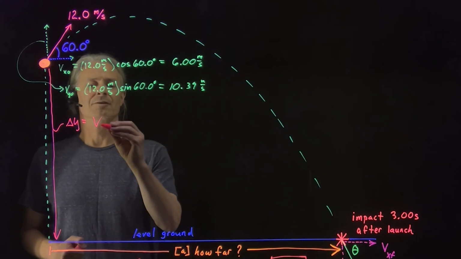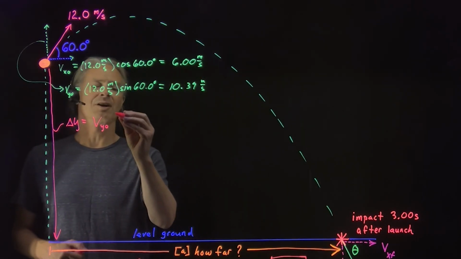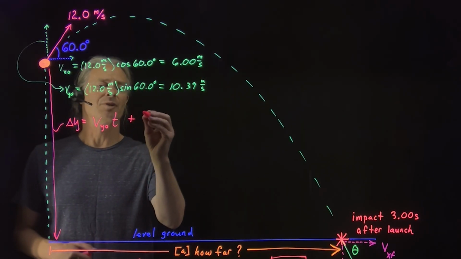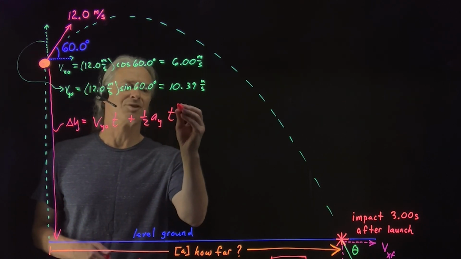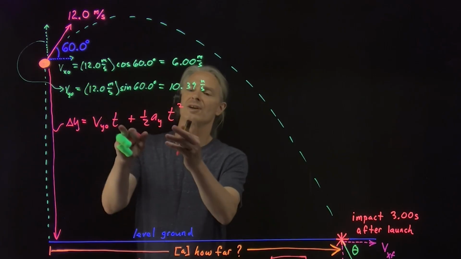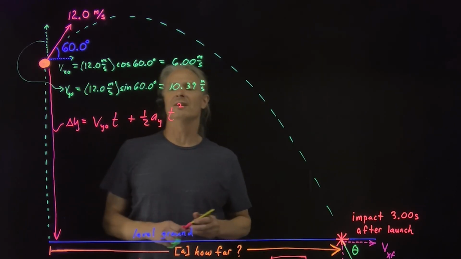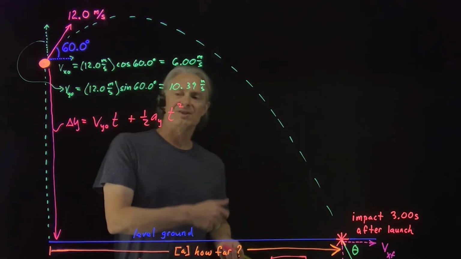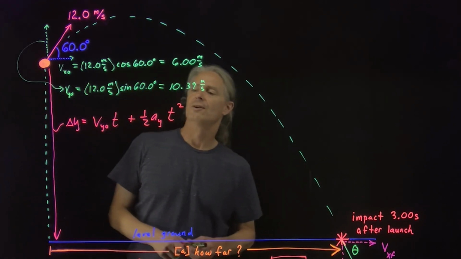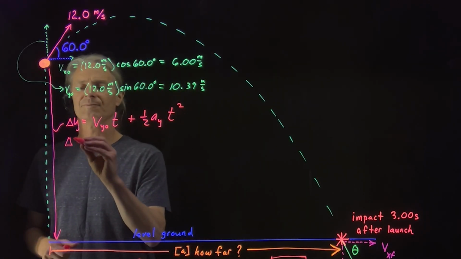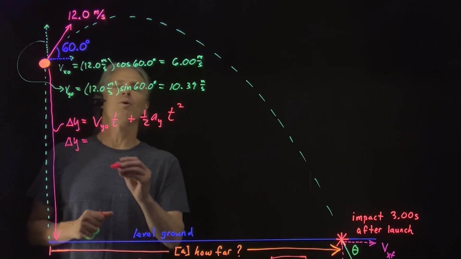So we'll have v sub y at time 0 times the elapsed time plus 1/2 times the y component of the acceleration times the elapsed time squared. If we put in the time from launch to impact, the 3 seconds, that'll give us this downward displacement in 3 seconds.